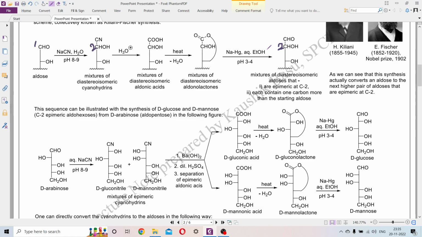So this synthesis gives you the freedom to generate the next higher pair of aldoses, which are epimeric at C2.